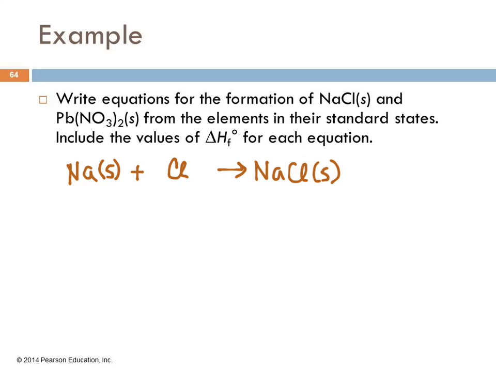There's chlorine gas as an atom and chlorine gas as the diatomic molecule. The diatomic molecule is the one that has the heat of formation of 0. So the chlorine diatomic molecule is a gas. I found the elemental states by looking at that table.